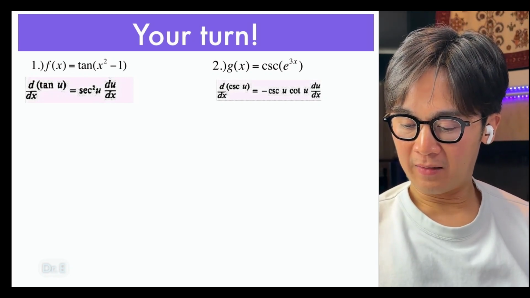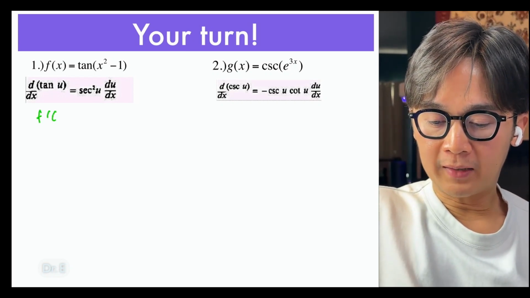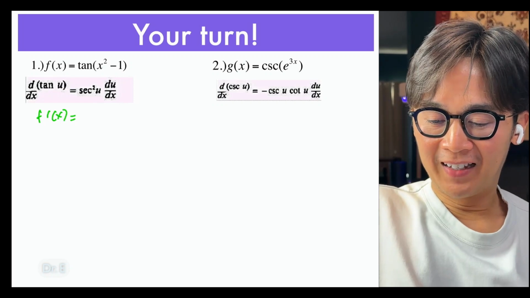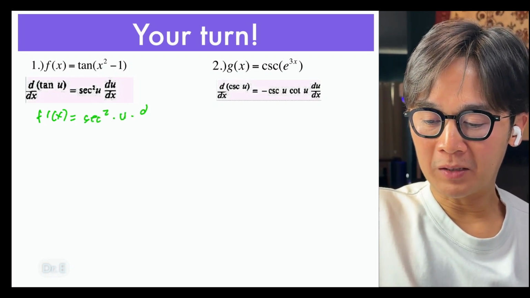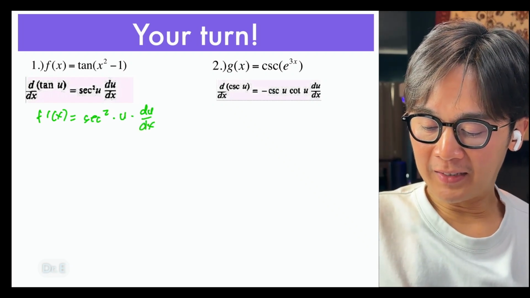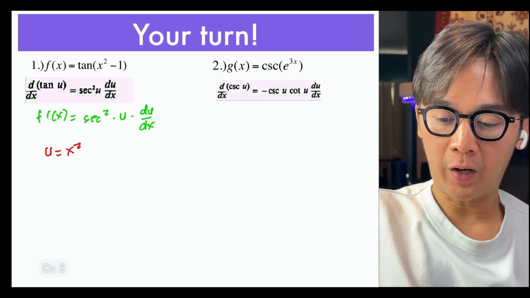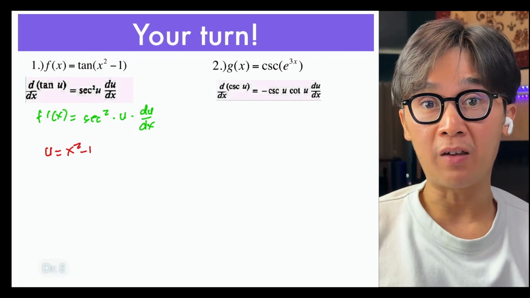Okay, let's answer this first function, f prime of x. I'll try to write neatly. It is secant squared u times du dx. And in this case, my goal is to find u, which is x squared minus 1, because I have done the first part of the derivative by just copying the formula.